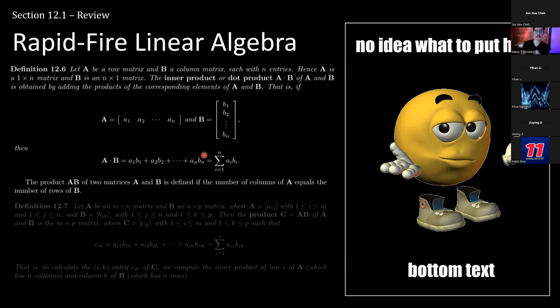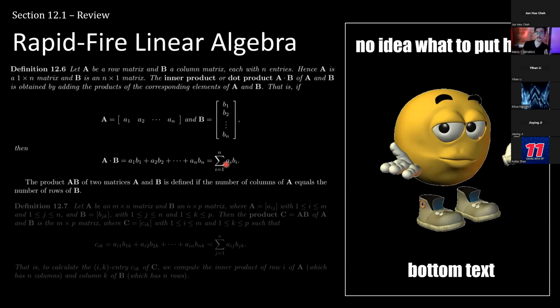Case in point, we're going to talk about matrix multiplication. You can calculate the dot product between two vectors, and I don't like how the book defines this, to be honest, because they say that the two matrices you multiply to get the dot product or inner product need to be one a row and the other a column, and then if you carry out matrix multiplication this way, you get this.